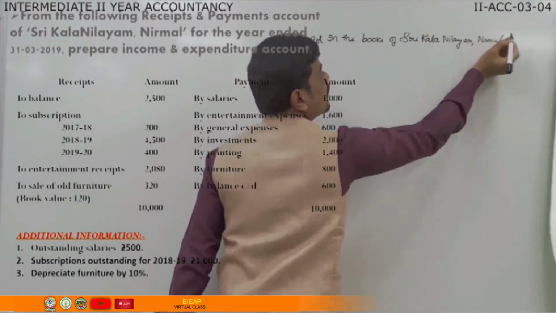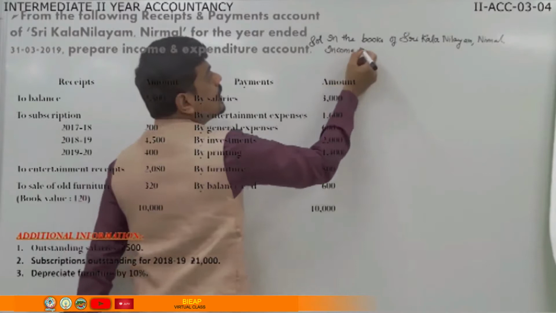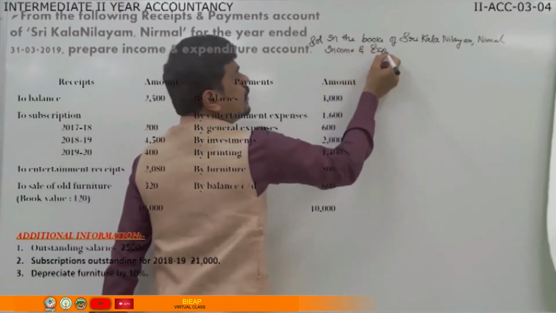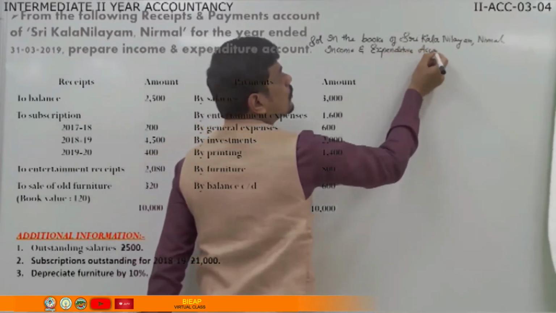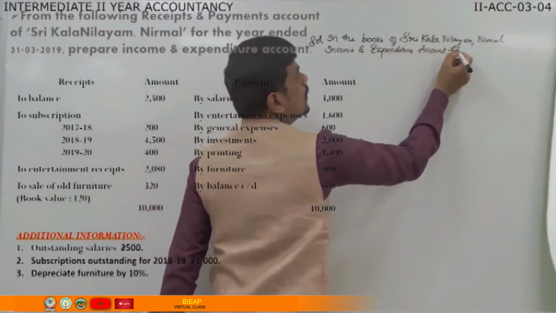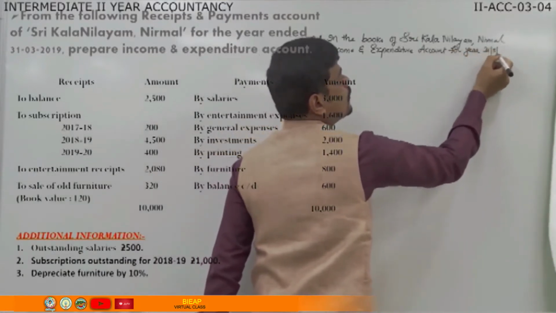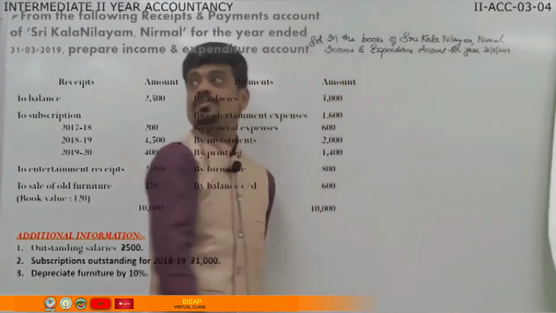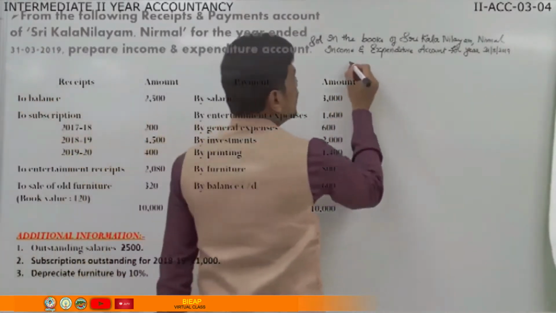First line. Then second line, we'll write income and expenditure account for year ending 31st March 2019. Year is very important.